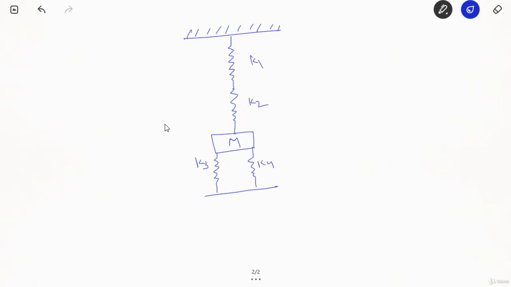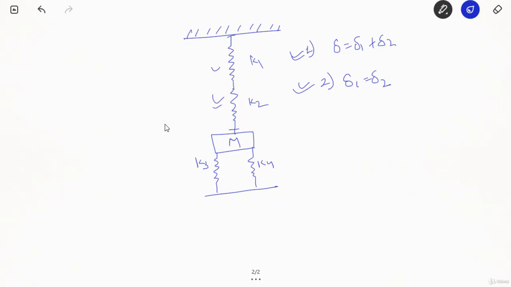Now, first we need to apply the logic of series and parallel. In series, I have explained that the net deflection is the summation of the rest of the two deflections, and in a parallel arrangement the deflections must be equal. This is also the method of identifying whether an arrangement is in series or parallel. Right. Here we can see that from here to here, the net deflection is the summation of the first spring and the second spring.